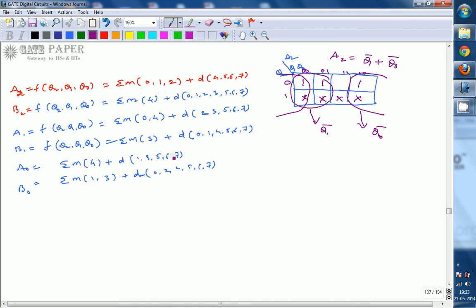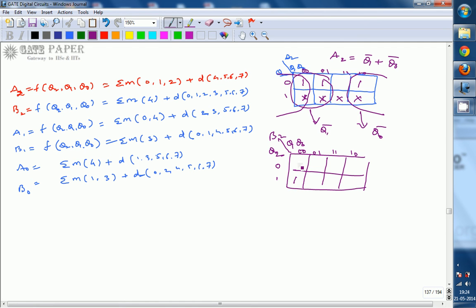For b2 this is the K-map, with q2 q1 q naught. b2 is nothing but 4 only, and all others, 0 1 2 3 5 6 7, are don't cares.